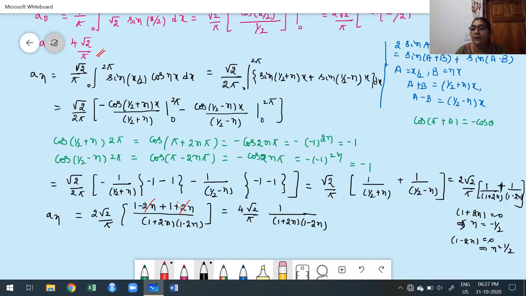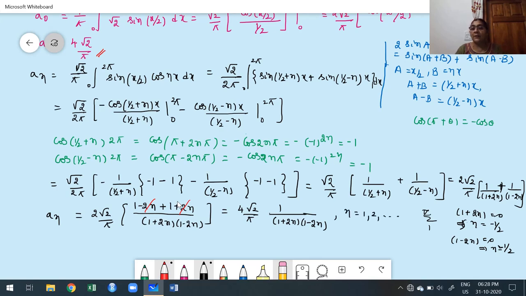Half also is not included because our summation starts from 1 to infinity. Even though n equal to half gives 0, and 1 by 0 is infinity, n is a positive integer starting from 1, 2, 3, so we do not consider fractional values. Therefore, confidently write this is true for n equal to 1, 2, 3.